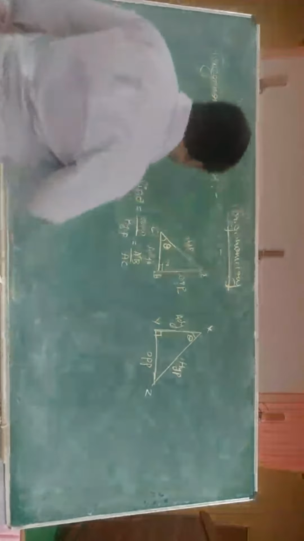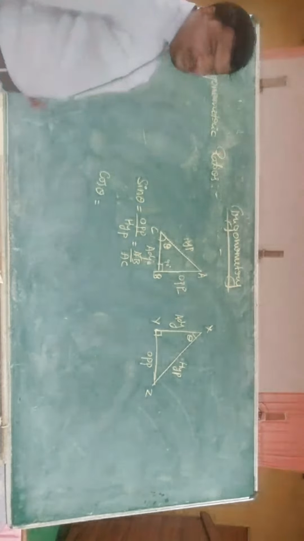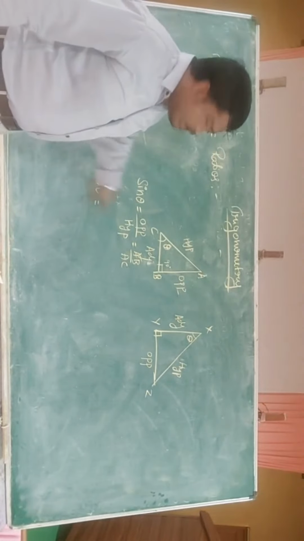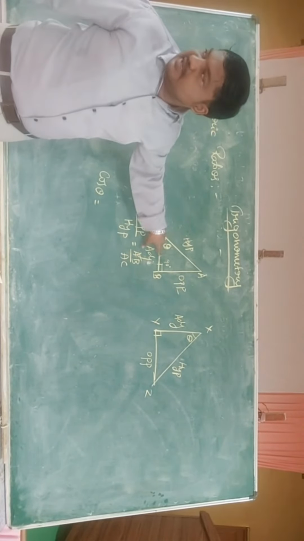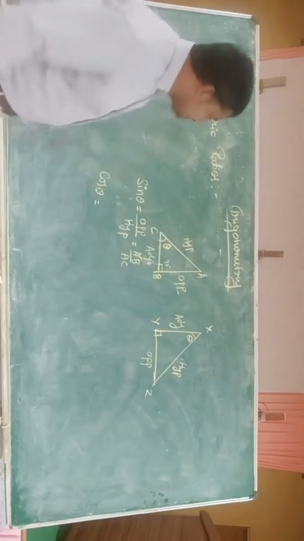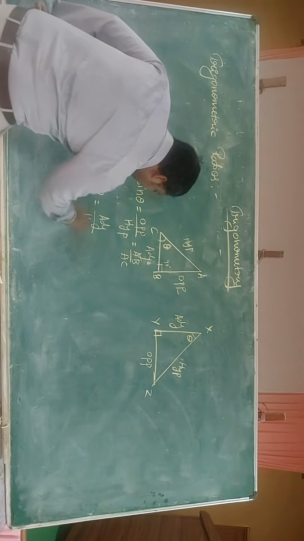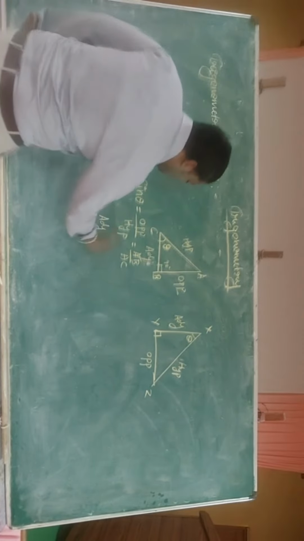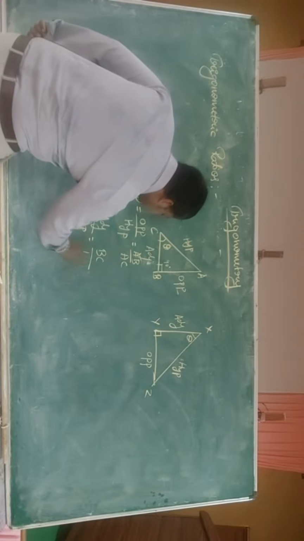So now cos theta. Cos theta is equal to adjacent upon hypotenuse, the base upon hypotenuse. So adjacent upon hypotenuse is equal to BC upon AC.